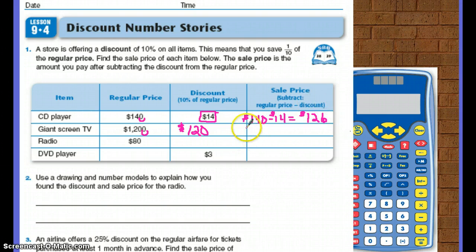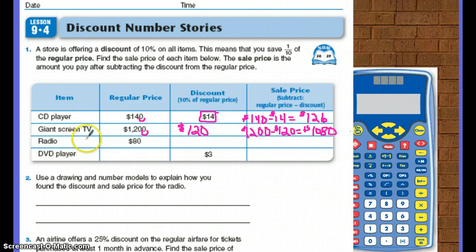So now my actual price is going to be that $1,200 minus the $120, which gives me the price I'm actually going to pay of $1,080. Make sure you go back and put your dollar signs in.